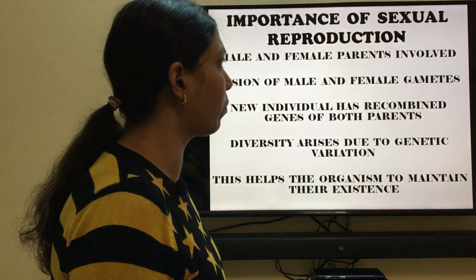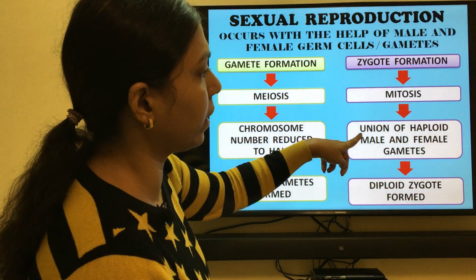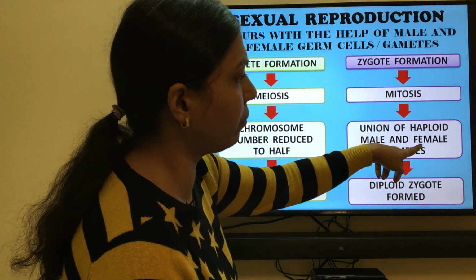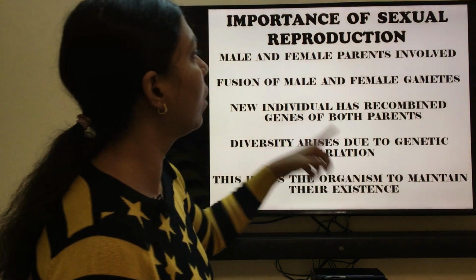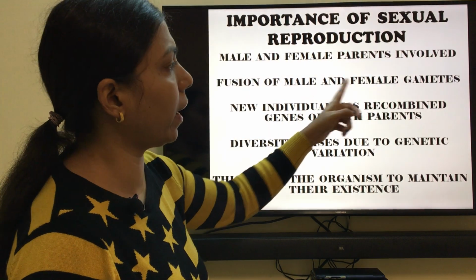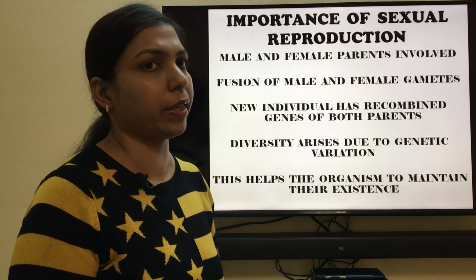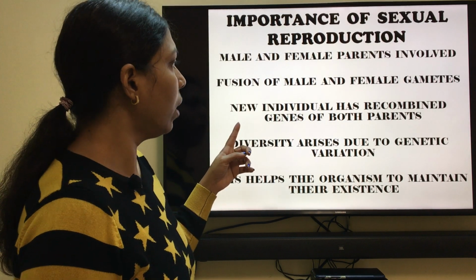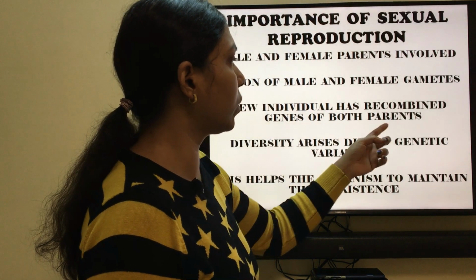As we saw in our previous slide, the union of the haploid male and female gametes helps in the formation of the zygote. So only when the female and the male gametes come together does the process of sexual reproduction get completed. The new individual has recombined genes of both the parents.